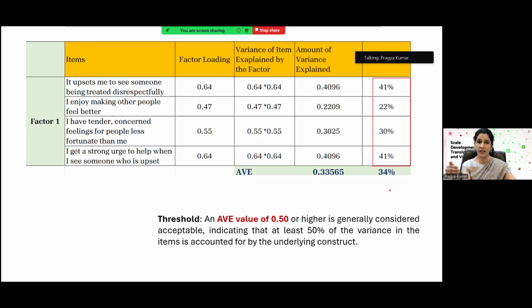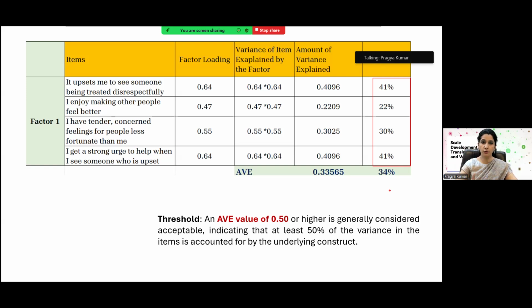But for confirmatory factor analysis, JASP has better features than Jamovi, because Jamovi doesn't give you these values of average variance explained, or the composite reliability we will talk about. Even in the path diagram which you see here, Jamovi doesn't give you the individual standardized loadings.